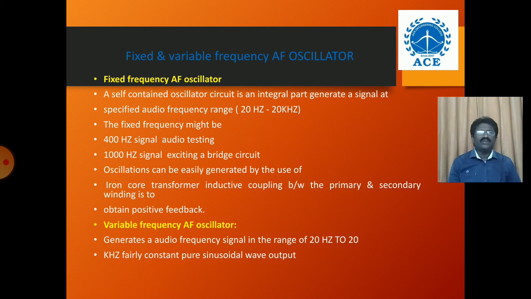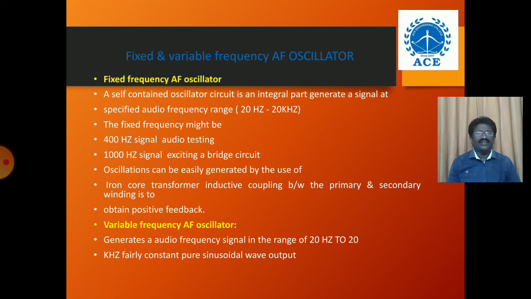These oscillators can be easily generated by the use of an iron core inductor. Here the iron core inductive coupling between the primary and secondary winding is to obtain positive feedback.